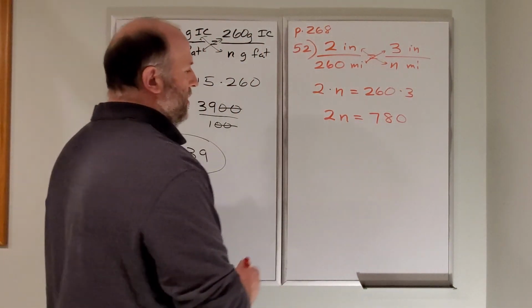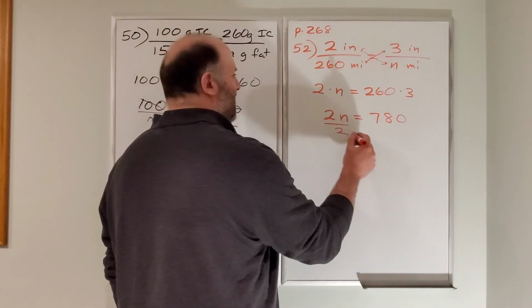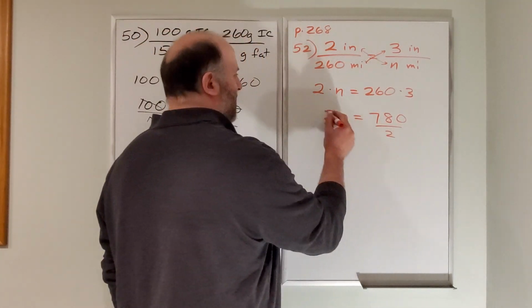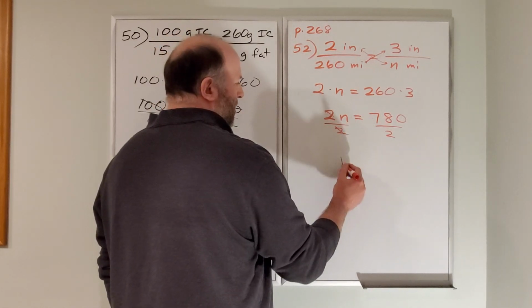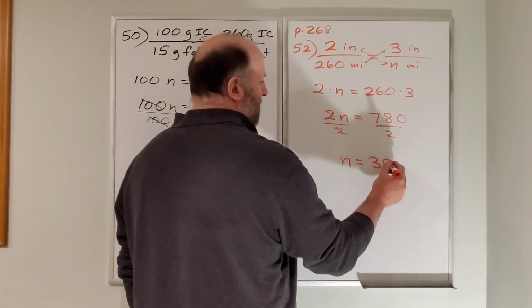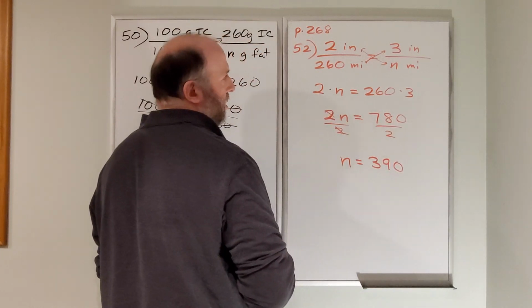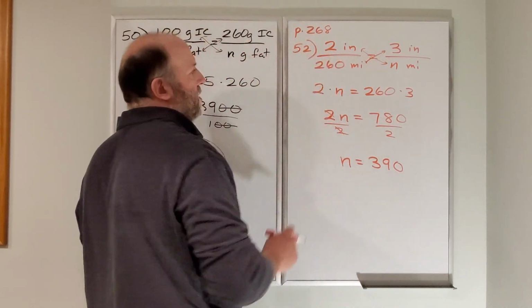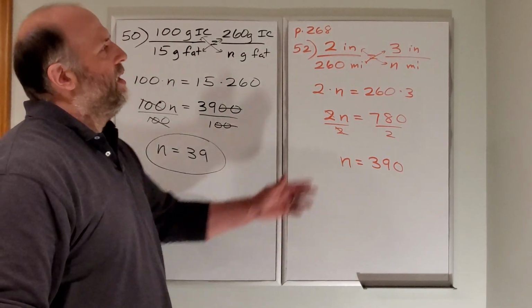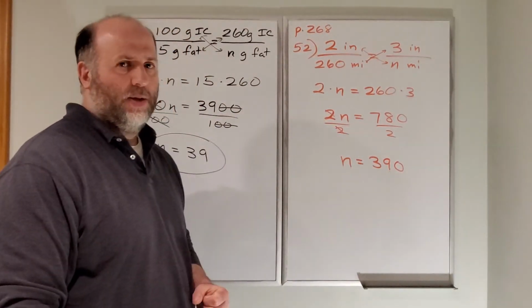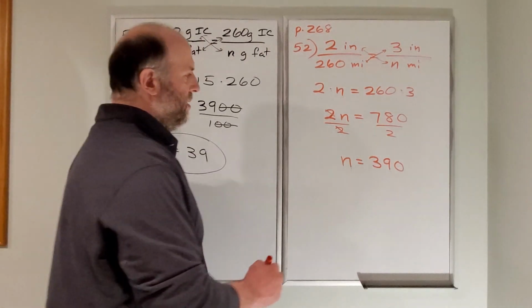And as usual, once you get to this point, go ahead and divide both sides by the coefficient of the variable. Complete your division, and you should have your answer. Okay, if 2 inches is 260 miles IRL, or in real life, 3 inches should be 390 miles of distance.